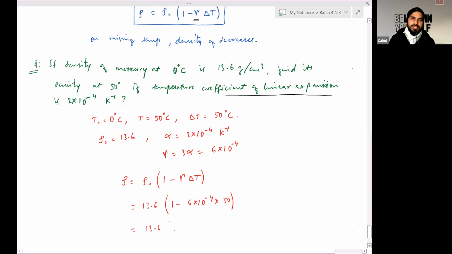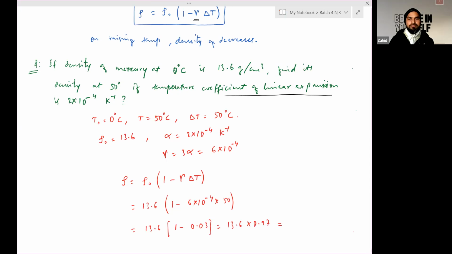So 6 into 5 is 30, or 300. So it will become 0.03. So 13.6 into 0.97, just multiply it. So it will become 13.2 gram per centimeter cube.